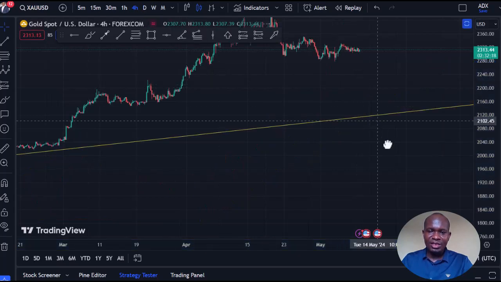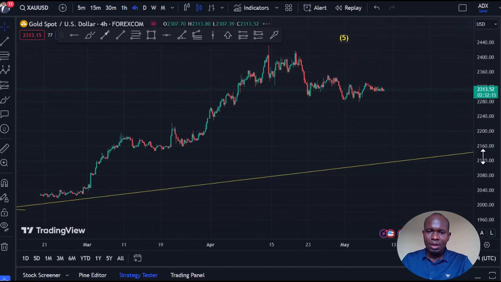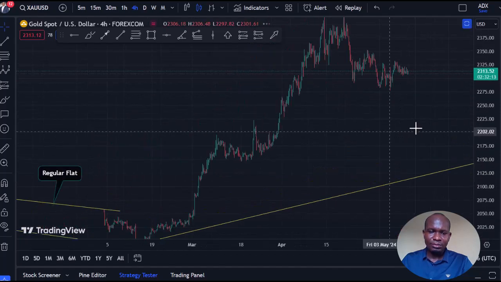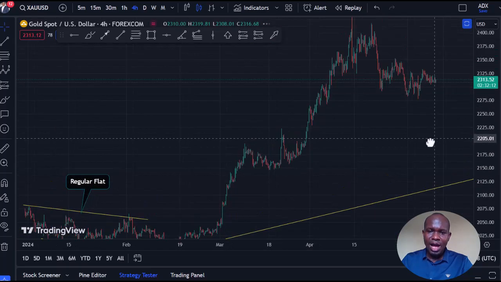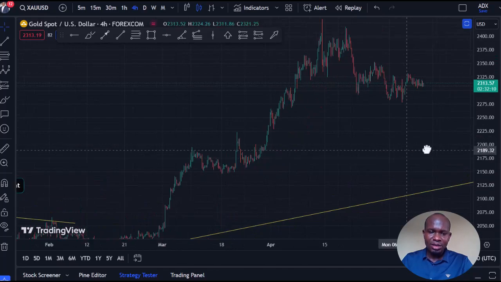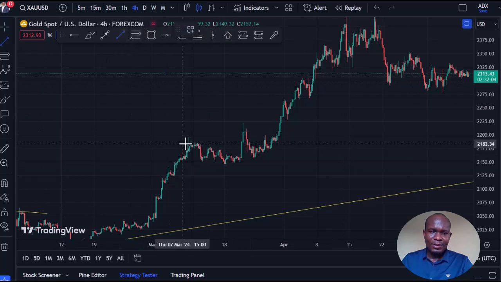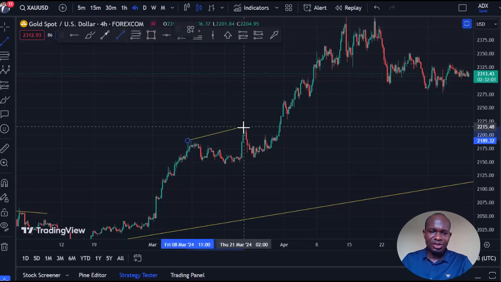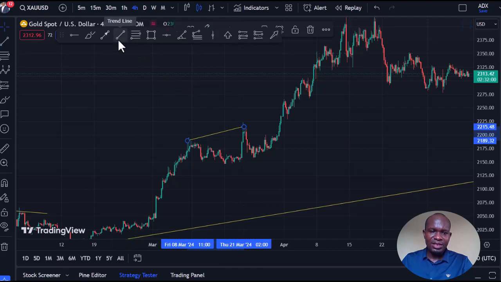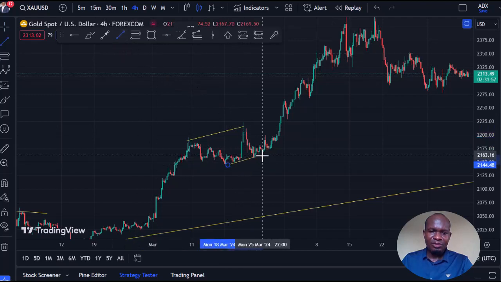So from the 4 hours chart, we are seeing another internal trend. Okay, but before then we have these flats here. This is not the best of it, but it's a three-wave move in the form of a running flat.